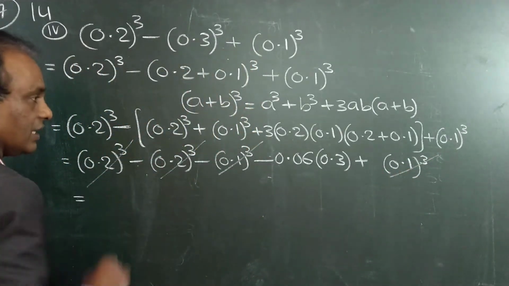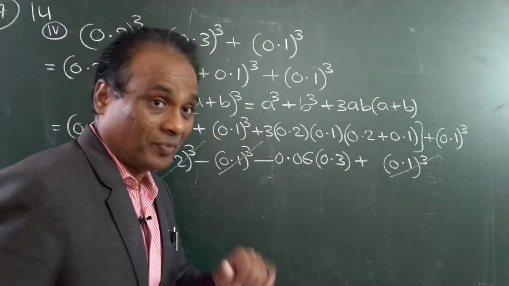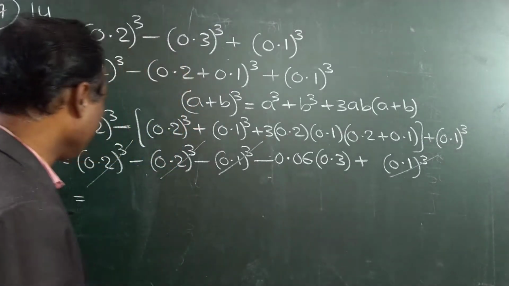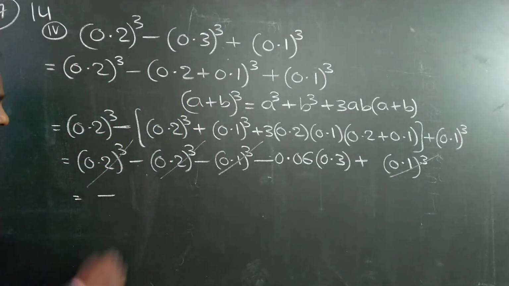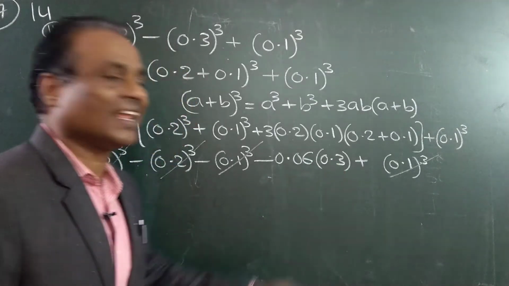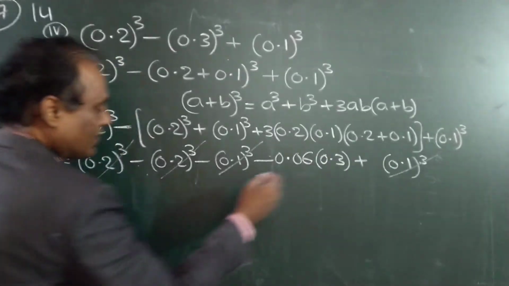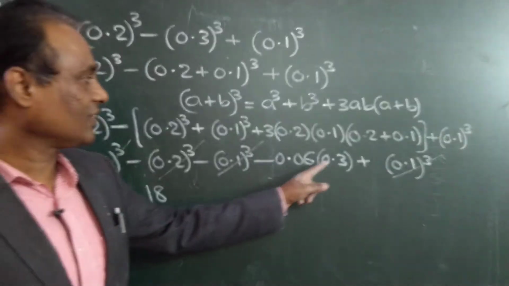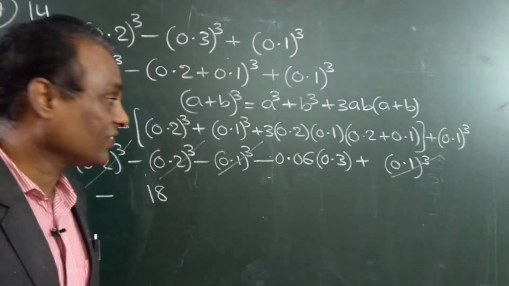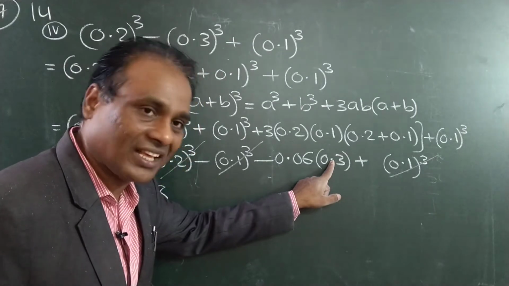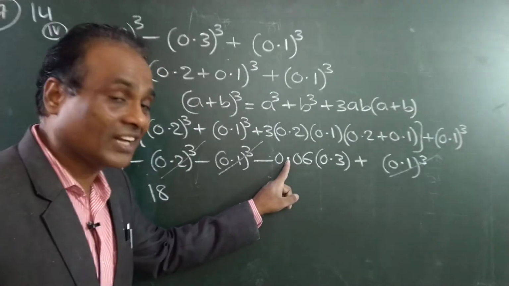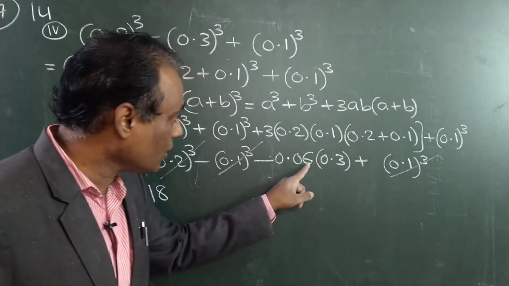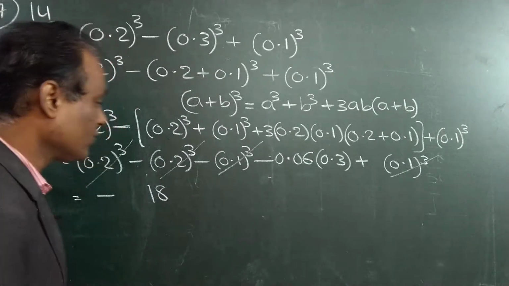So the answer is, again I will explain, don't write yet, minus 6 into 3, 18. But where is the decimal? Before 1 digit, decimal; before 2 digits, decimal, total 3 digits.